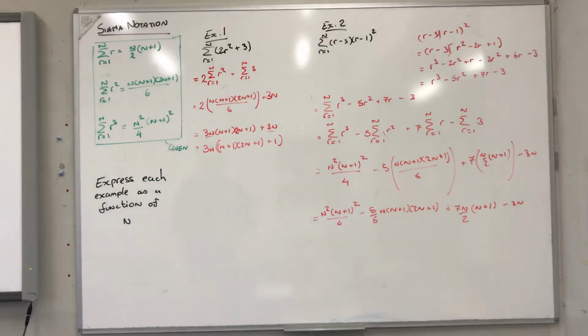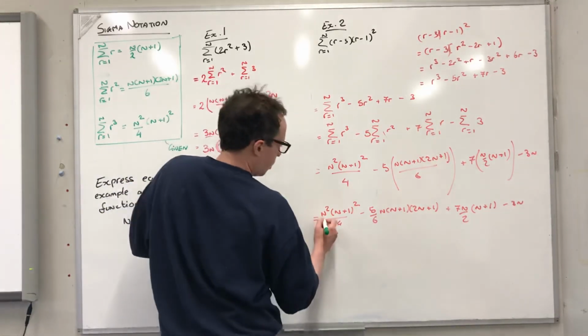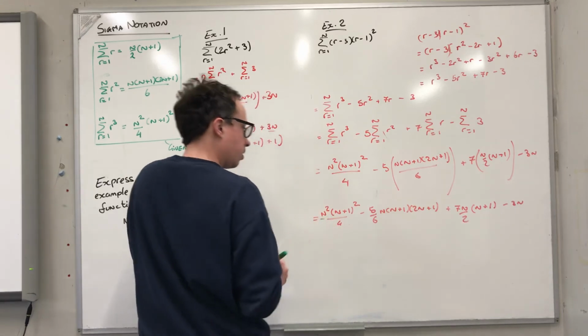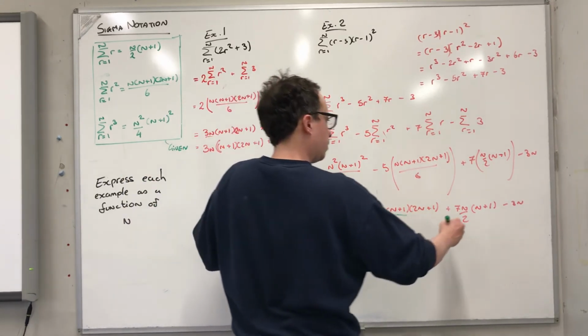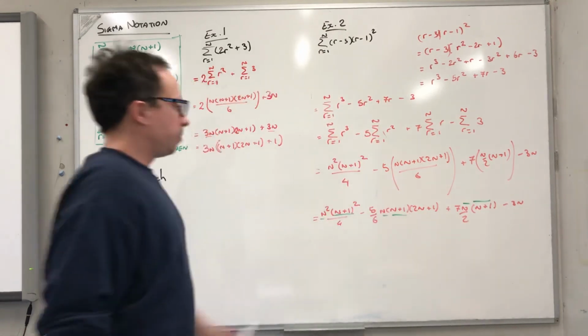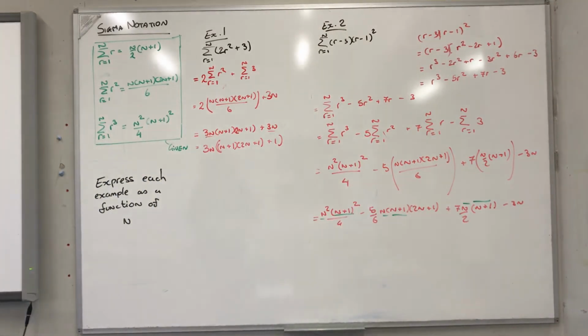There isn't really much I can do to simplify it. There's no common term in everything. I don't really want to go all out simplifying, like breaking out all the brackets, but what I can notice is we've got an n and an n plus 1 in most of the terms.